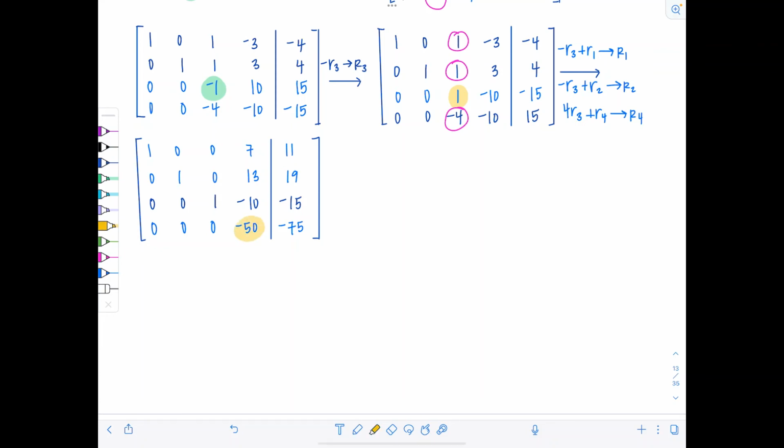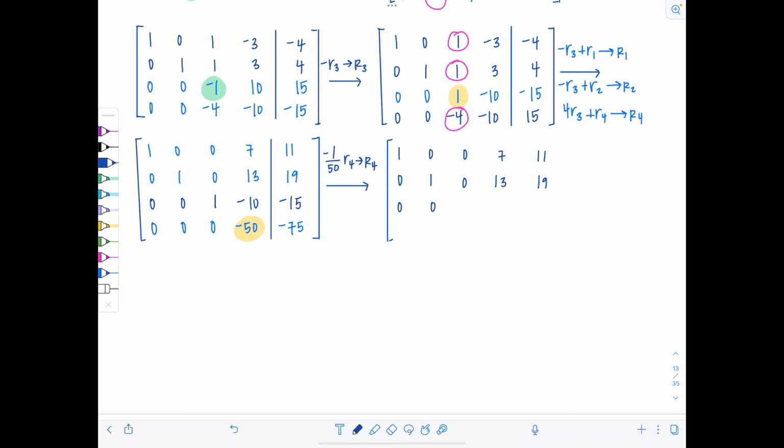Need to make a pivot right here. The only way to do it is negative 1/50 times row 4 is the new row 4. Okay, rows 1, 2, and 3 are not changing. And let's rewrite them. 1, 0, 0, 7, 11, 0, 1, 0, 13, 19.